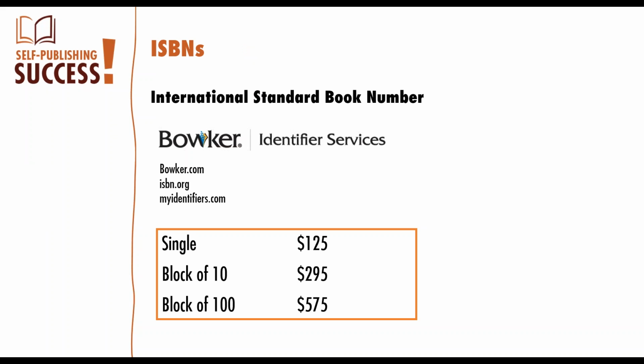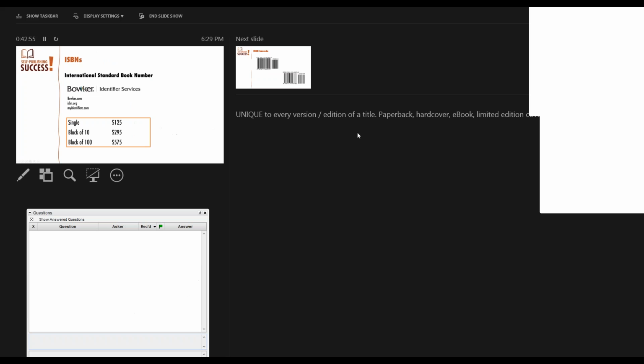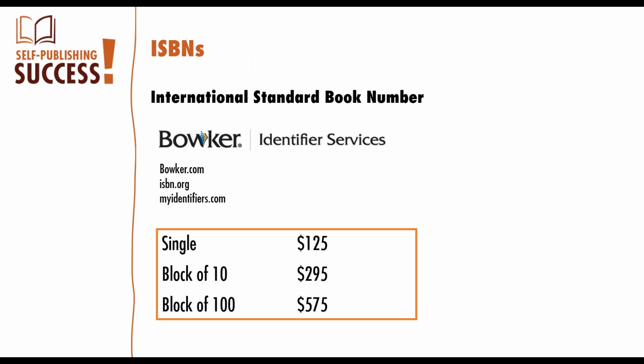And you want to do this after you register your business name, because you want to purchase them under your business name. So the publisher is what's identified as the owner of these ISBNs. You might find some other places that will offer to sell you ISBNs for maybe less. Be very cautious of that.